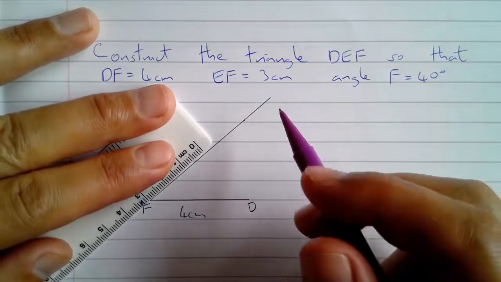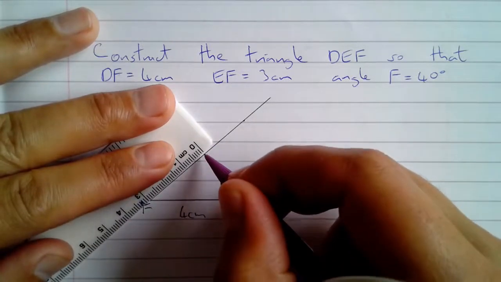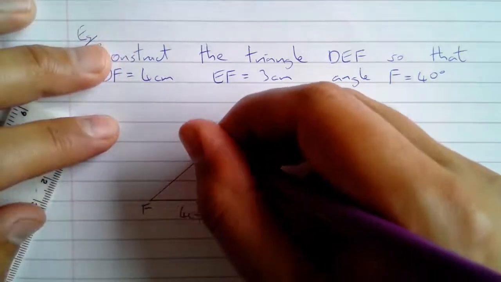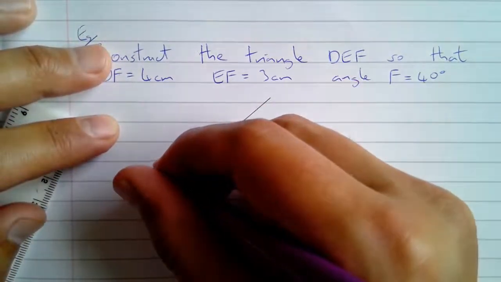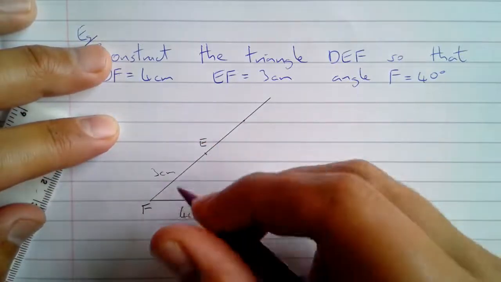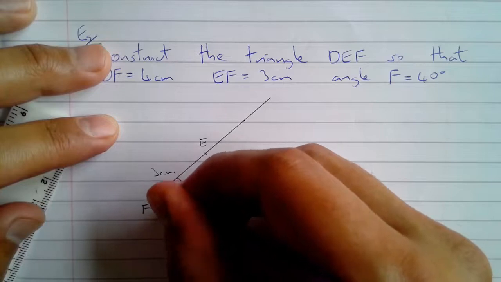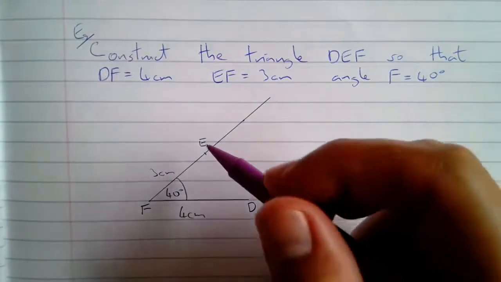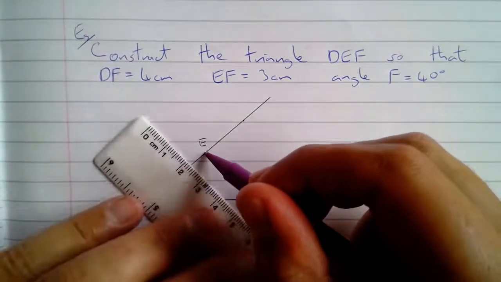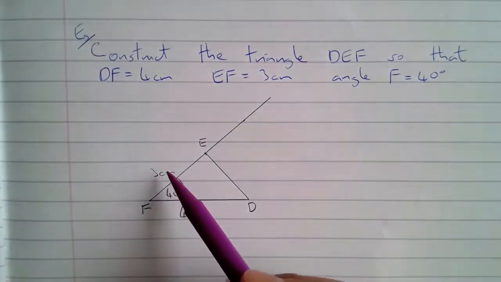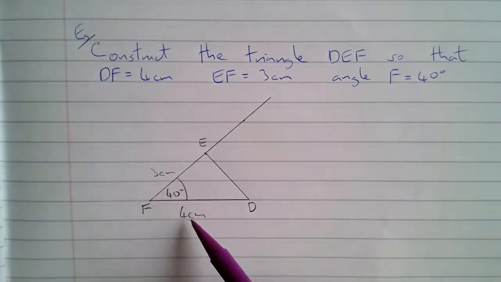So E's got to be here, 3 centimeters along the line. So I'm going to mark that as E. I'm going to write 3 centimeters on this side. I haven't written my angle in yet, I should have done that too. That's 40 degrees. And because I now know where E is, I can link E back to D. And I'm done. I've got my side, angle, and side.